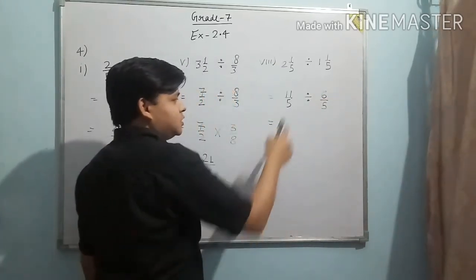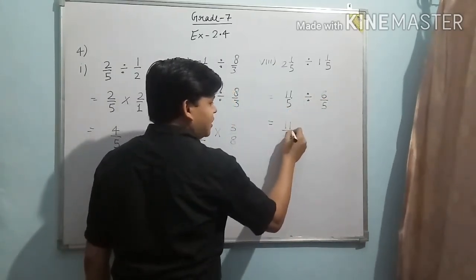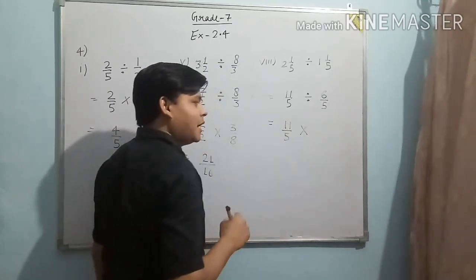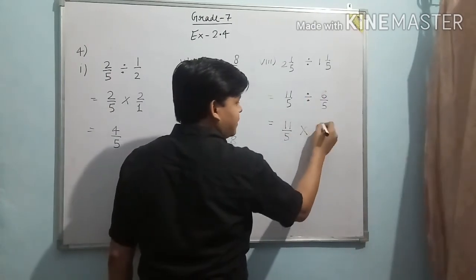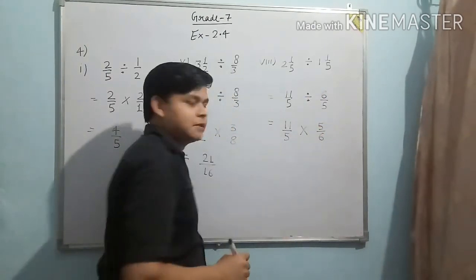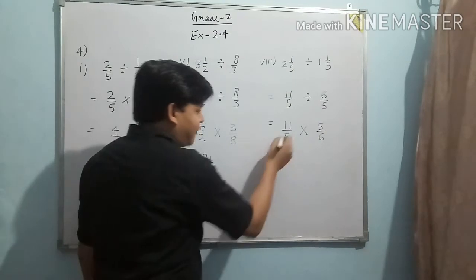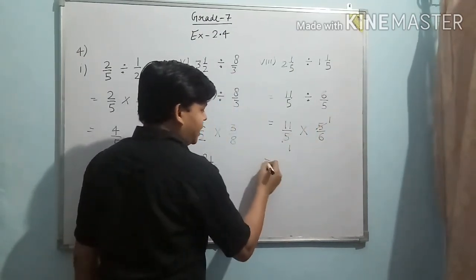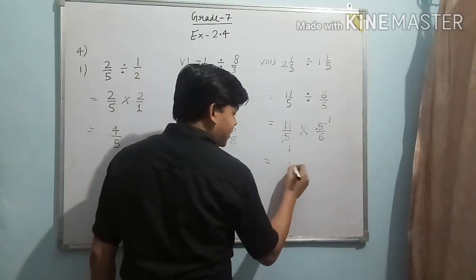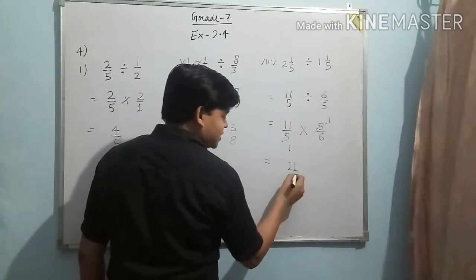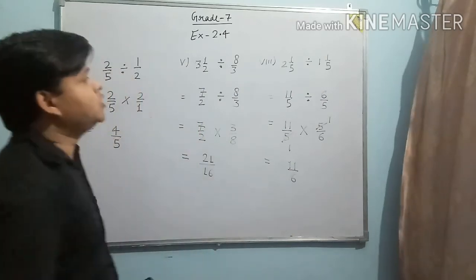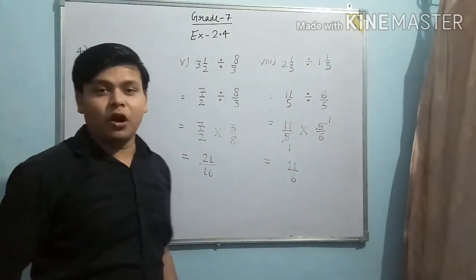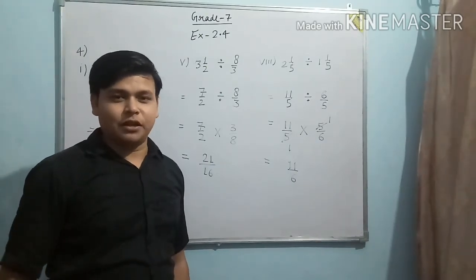Now let's apply the rule: the first number as it is, divide will become multiply, and 6 upon 5 will become 5 upon 6. Now 5 one time cancels 5 one time, and here you will get 11, and 1 into 6 is 6. So this was the solution for the last part of question number 4. I hope you all have understood the exercise properly. Thanks for watching it.